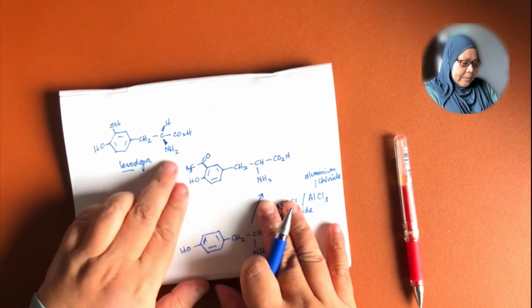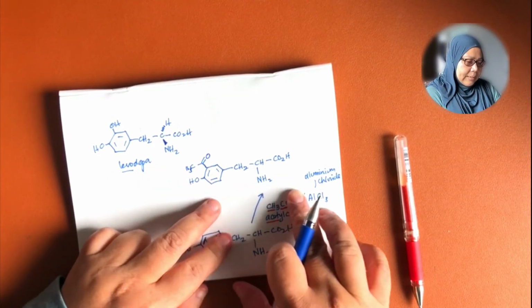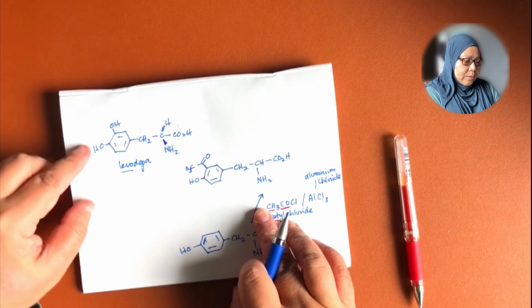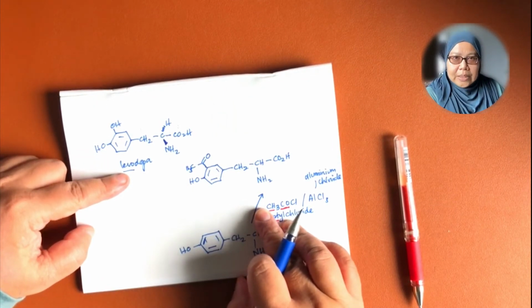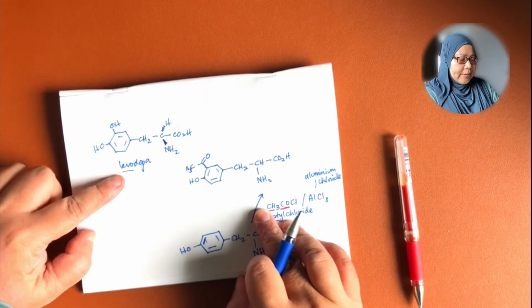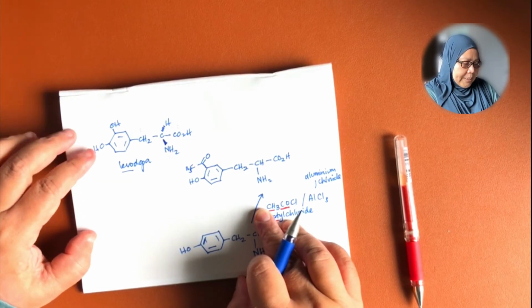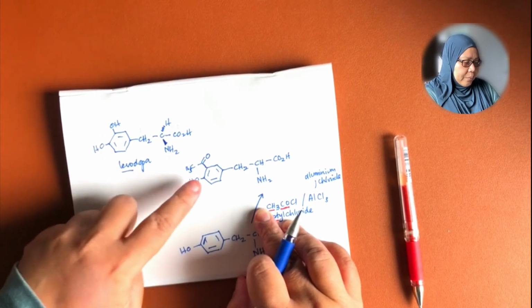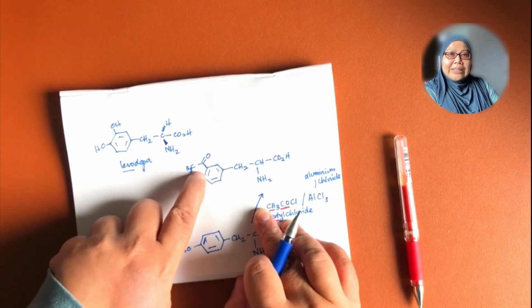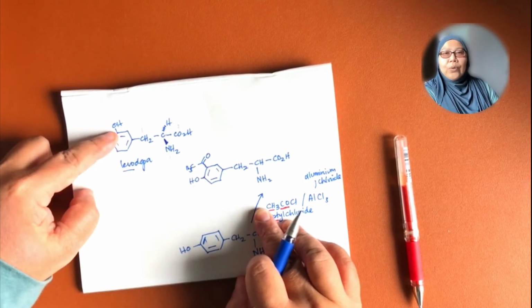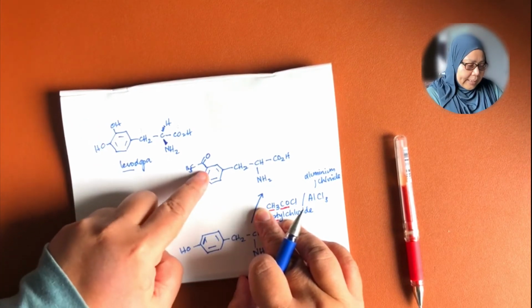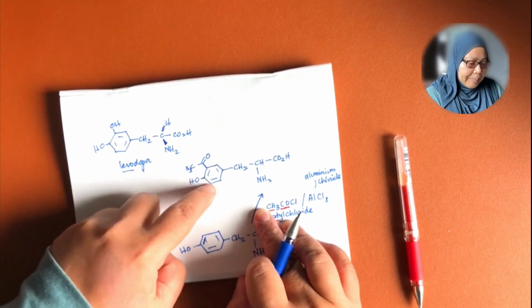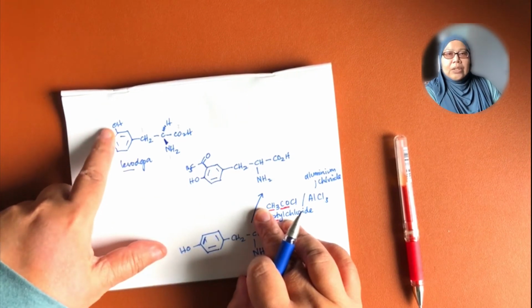Once we have that, this is close to levodopa, the end product that we want, the drug. But now we don't want the acetyl group here. We want an OH group there. So how can we convert that acetyl group on the benzene ring to the OH group?